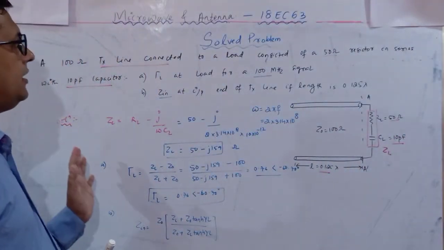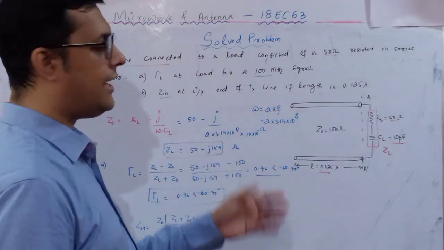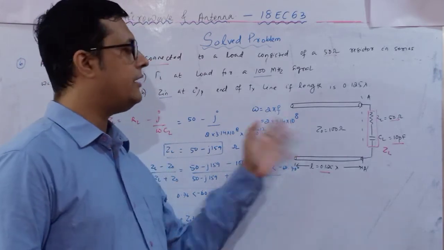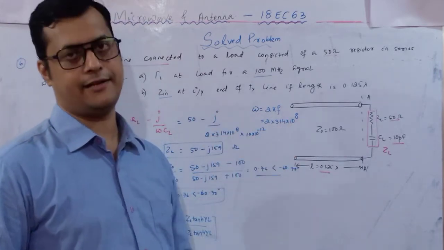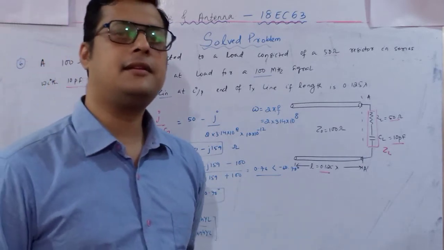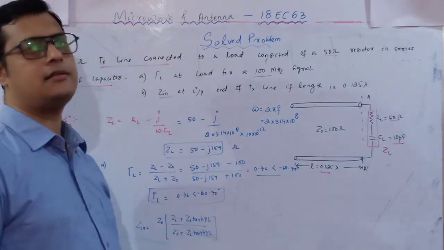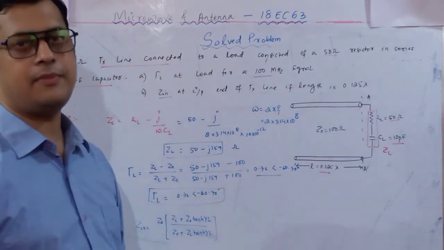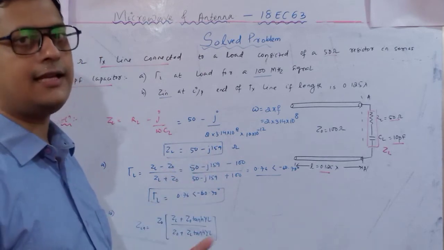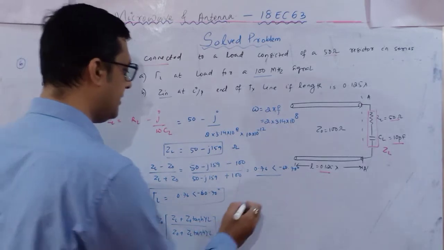The simple technique is, in this particular line nothing is mentioned. No information is given about the line. If no information is given about the line, consider it as a lossless line, because none of the parameters is known to us. Neither the RLGC parameters are known, so that we can substitute the gamma value. So consider it a lossless line.